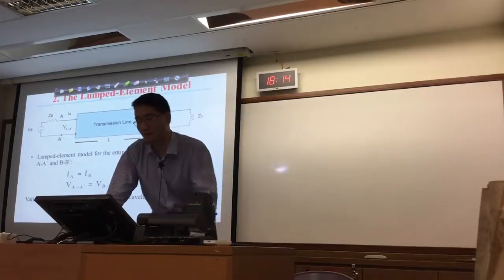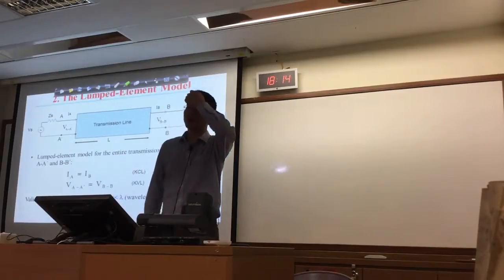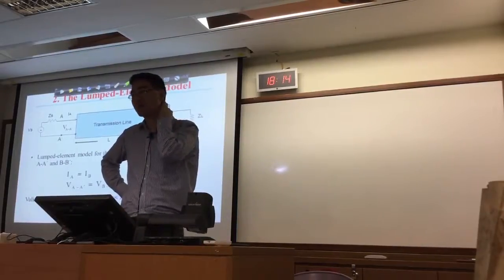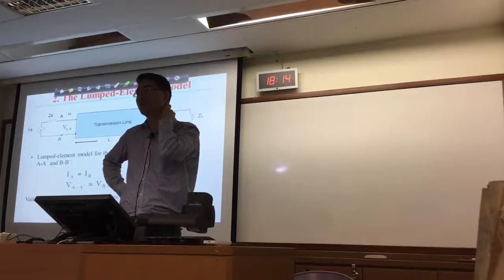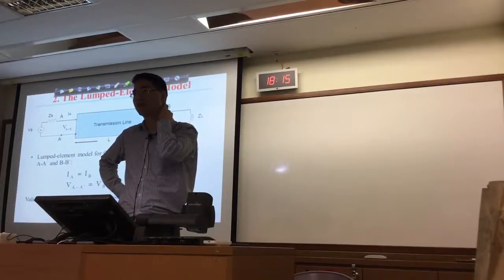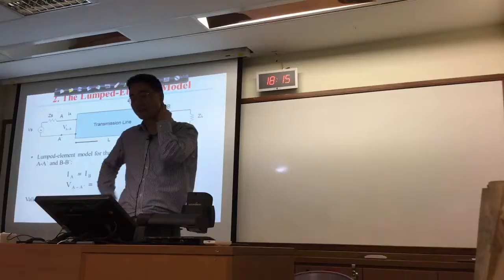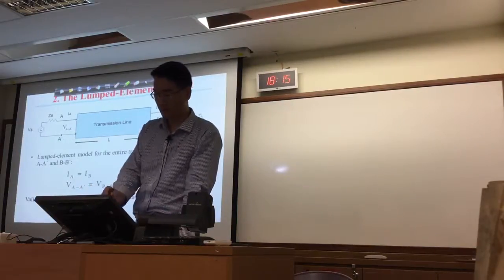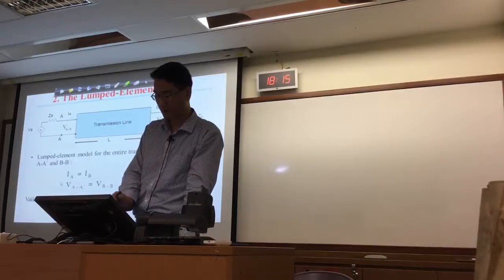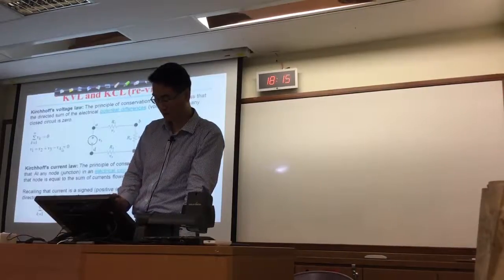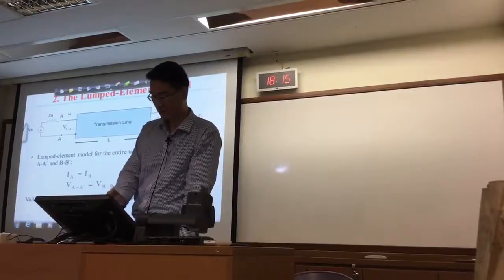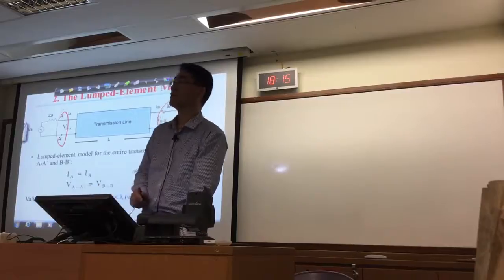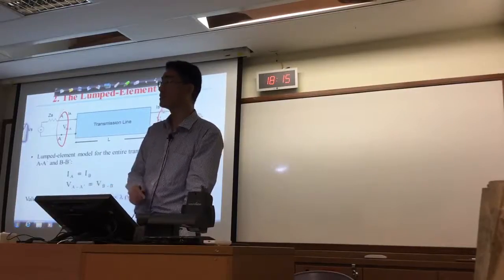So the basic idea for microwave engineering and RF communications, the big difference compared with low frequency electronics is here. For low frequency electronics, the voltage at this location A is equal to the voltage at location B, right?